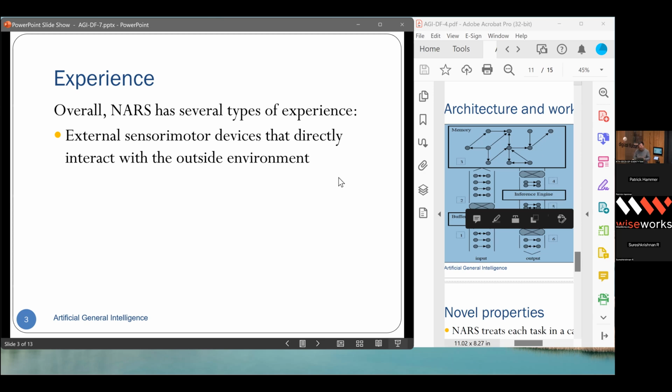We still want some level of generality. For example, what Patrick recently did is to provide an interface between NARS and the Robot Operating System, which is already general purpose software that can be used by different types of robots.